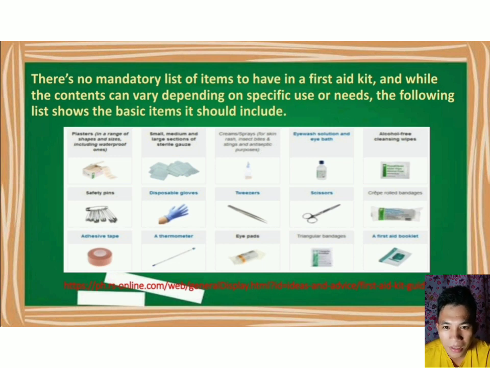Plasters, small, medium, and large sections of sterile gauze. Di na ko familiar ani nga material. Creams, sprays for skin rash, insect bites. Naay cream, di na ko siya familiar. Eye wash.